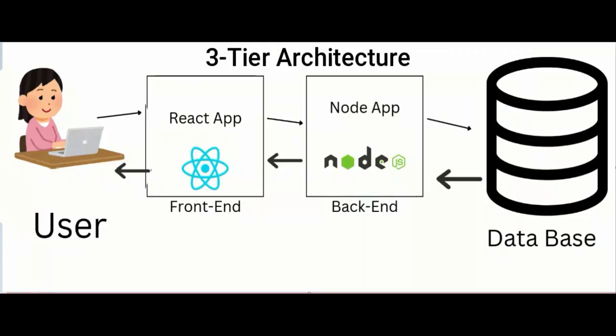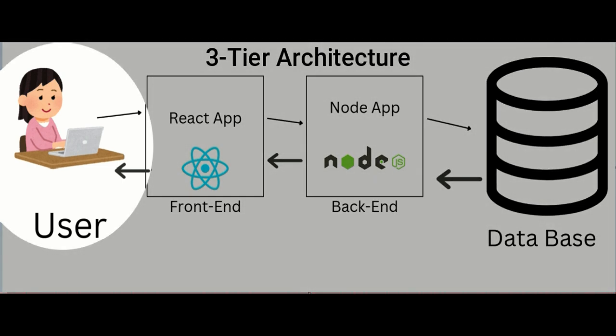Let's understand what a 3-tier architecture or 3-tier application is and what happens behind the scenes when we refer to these terms. Imagine a scenario where a user opens a browser and searches for an e-commerce website.